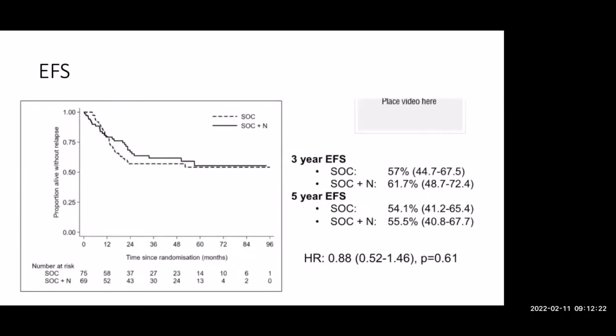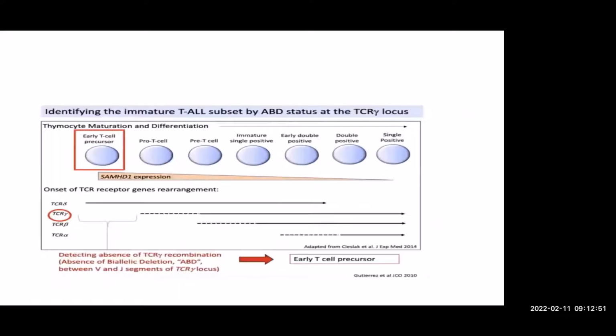This is a study done in the UKALL study where the patients received standard induction, and after the patients had gone into remission they were randomized to nelarabine and without nelarabine. As we have seen, there is no difference in outcomes in patients who received nelarabine and who didn't receive nelarabine. The event-free survival and overall survival are similar between the two groups.